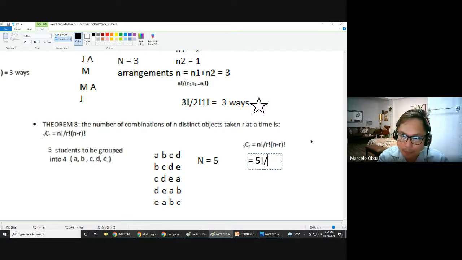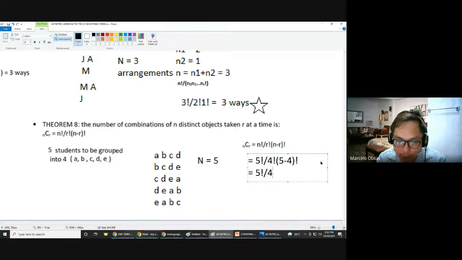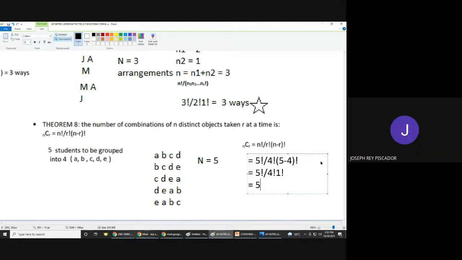So, 4 factorial times 5 minus 4 factorial. 5 factorial divided by 4 factorial times 1. Don't forget to put times sa calculator, class. What's the answer, Joseph? 5, sir. Okay, class, nag-agree na?